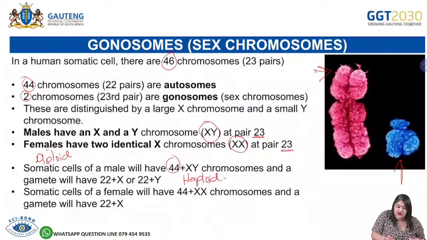And if you halve the X and Y, we have gametes that can either have X or gametes that can have Y. But in a female, because females only have 2 X gonosomes, their gamete is going to have 22 plus X. So all the ova can only have 22 plus X, whereas sperm cells can have 22 plus X or 22 plus Y.